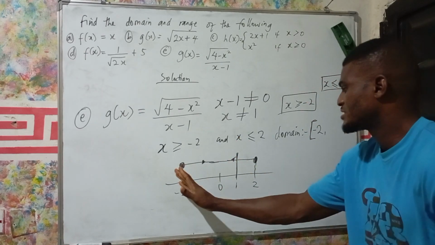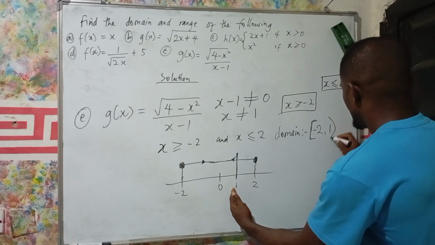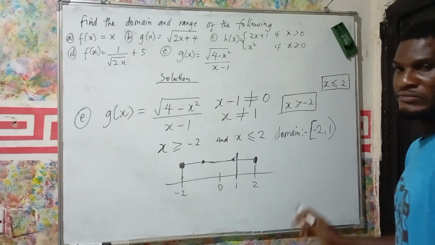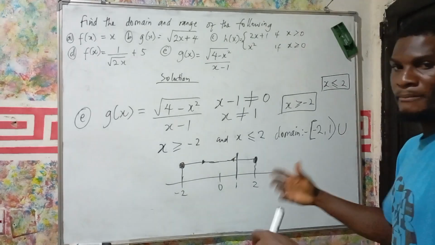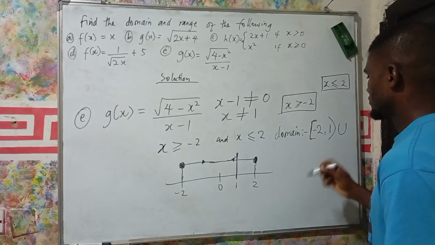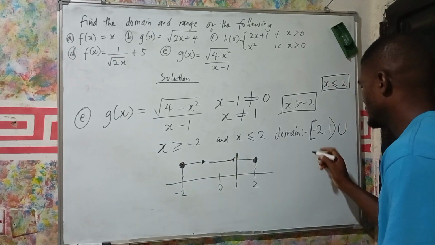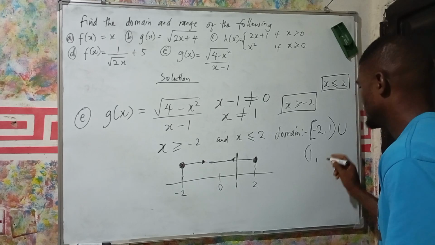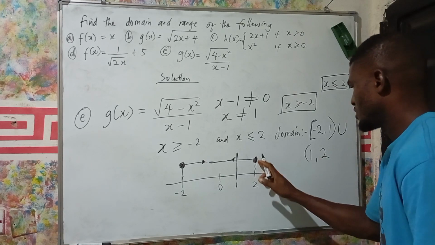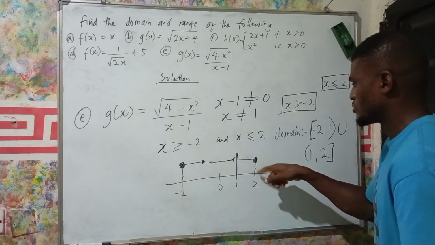So x is greater than minus 2 and moving towards 1, but not 1. So we use a round bracket. Union, which means combine that with, from this other point, not equal to 1, round bracket 1 again, moving towards this side to 2. It ends at 2, and the value 2 is inclusive because x is also equal to 2.